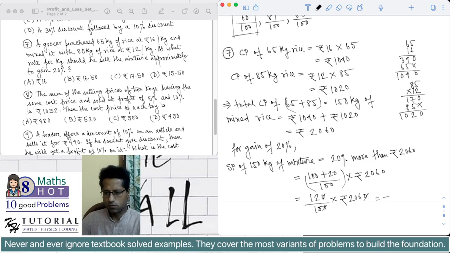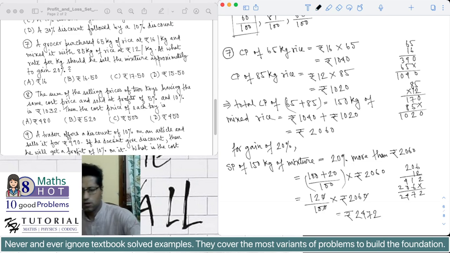So this is equal to rupees, how much is 206 multiplied by 12, 2472. So rupees 2472 should be the selling price of the 150 kg of mixture.